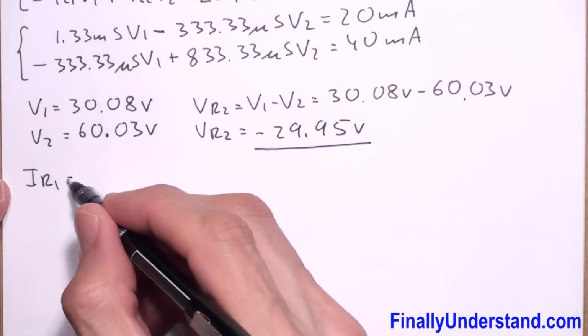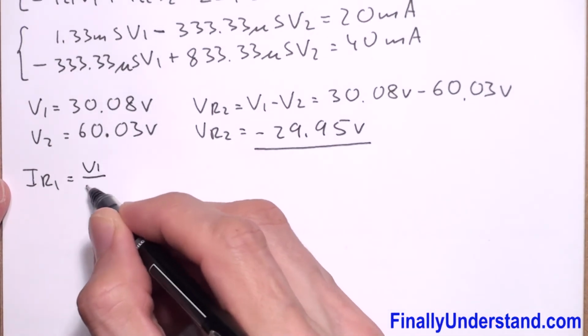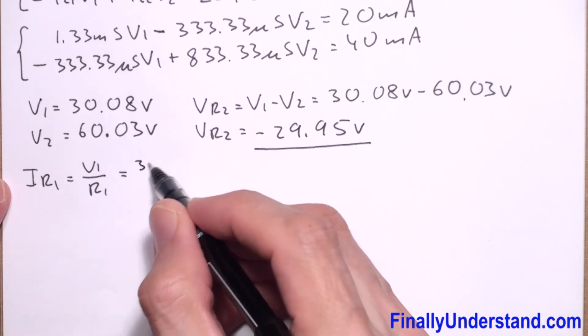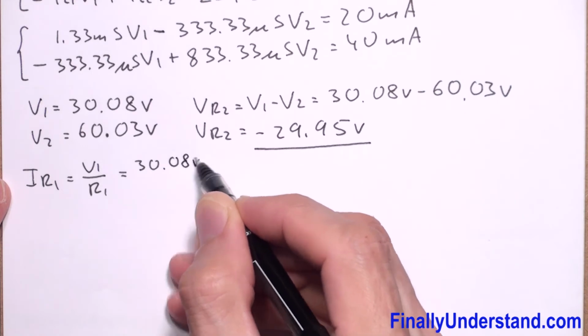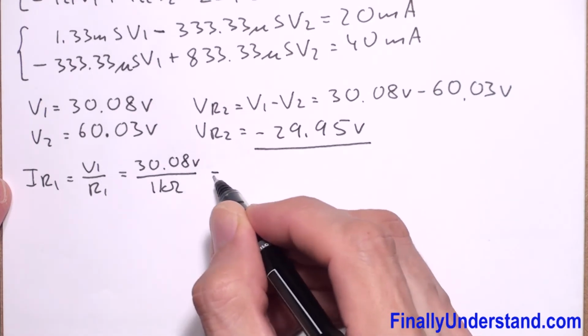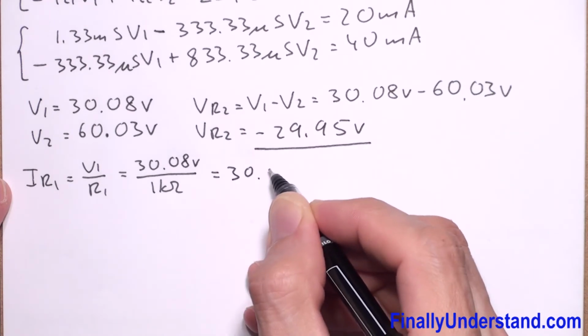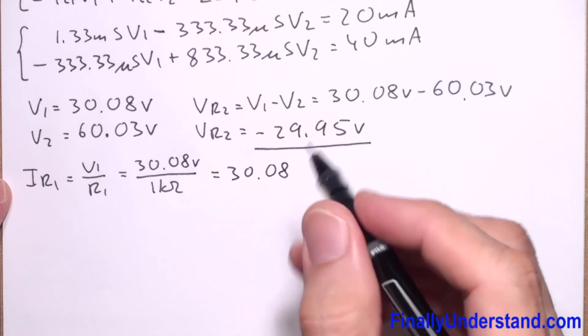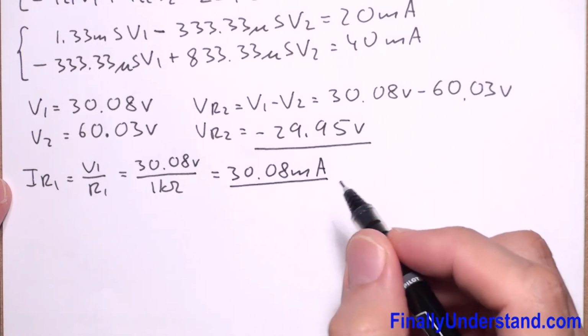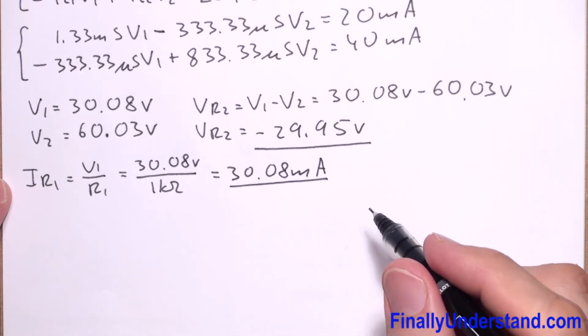That's why I'm going to write that this is equal V1 over R1, where V1 is equal 30.08 volts divided by R1, 1 kilo. This is equal 30.08 milliamps. So this is my current IR1.